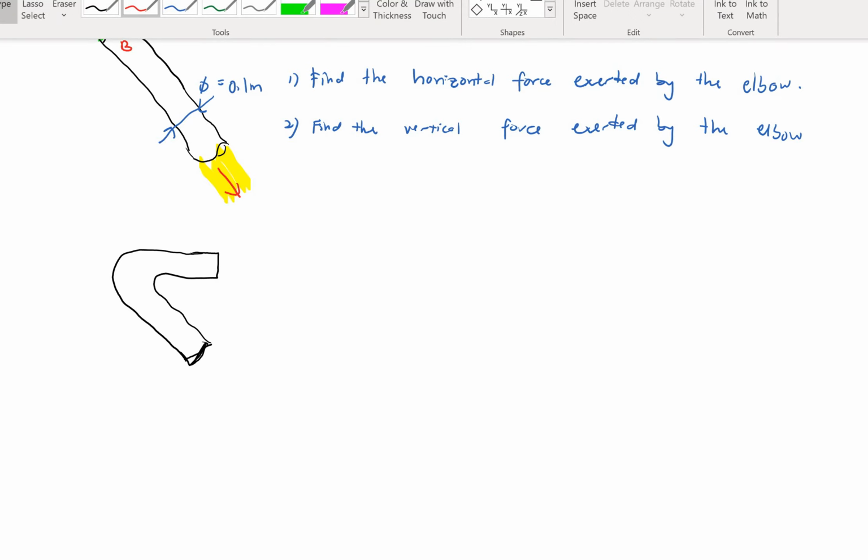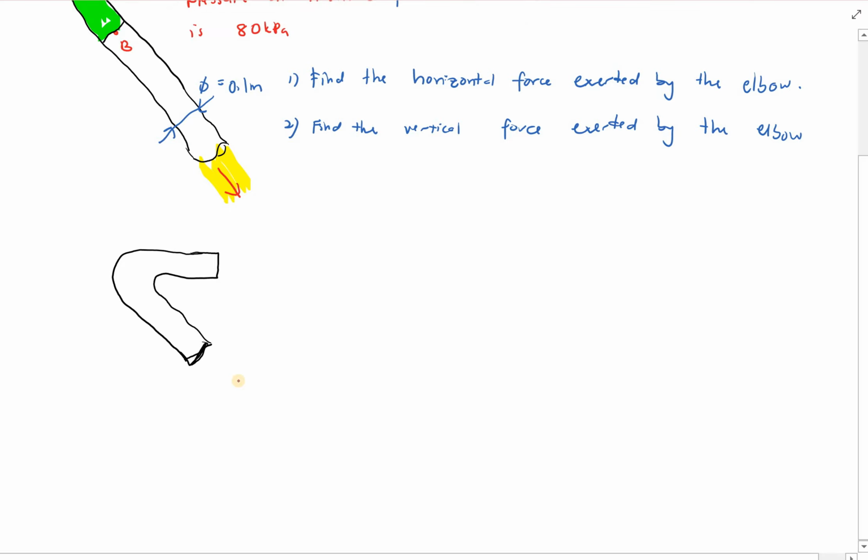Okay, first of all, you must have a pressure. You must have a pressure element because it's a continuous pipe. Inside a continuous pipe you have a pressure, and the pressure by definition is always acting towards your control volume surface.